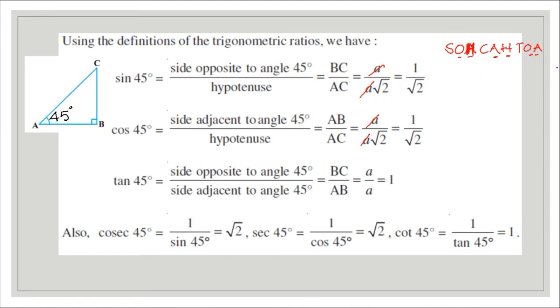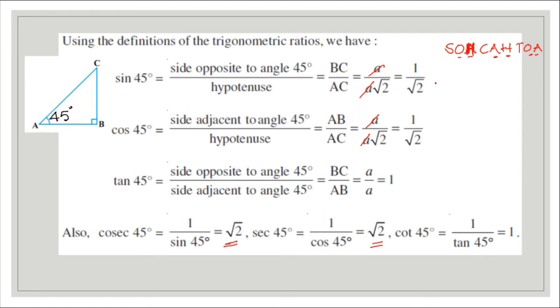When you know the three basic ratios, we can find the remaining by taking the reciprocal. The reciprocal of sine 45 degree is cosecant 45 degree, we get root 2. Secant 45 degree is the reciprocal of cos 45 degree, again root 2. Cot 45 degree is the reciprocal of tan 45 degree, which is 1. So these are the ratios obtained.